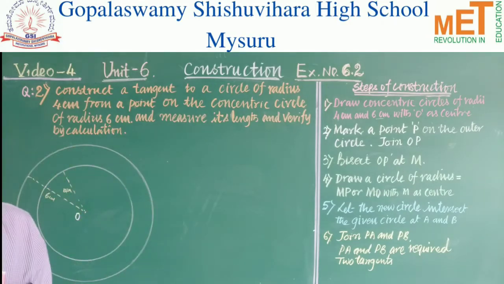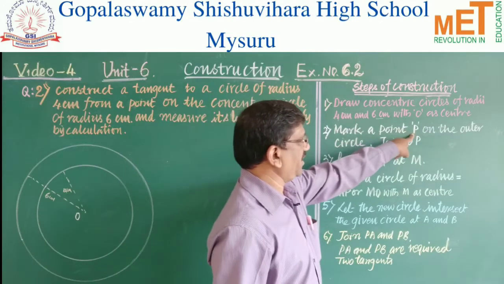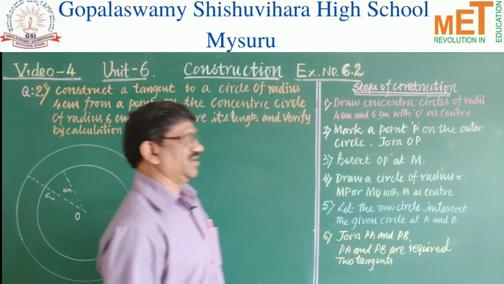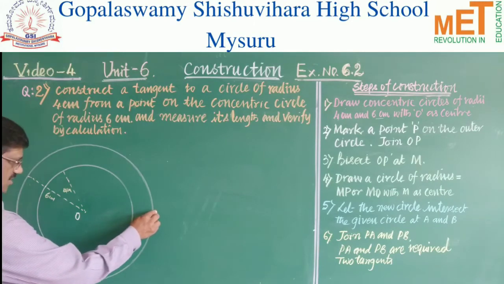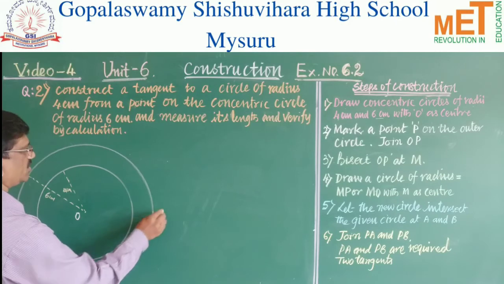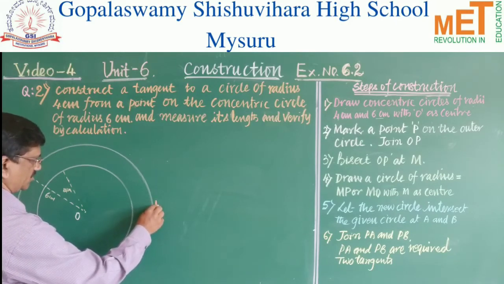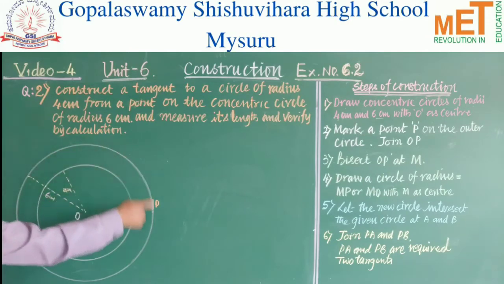No need to write. To make you understand, I have written here. Next, what we have to do now? Mark a point P on the outer circle. So you mark a point on the outer circle, name it as P. This is the inner circle, this is the outer circle.